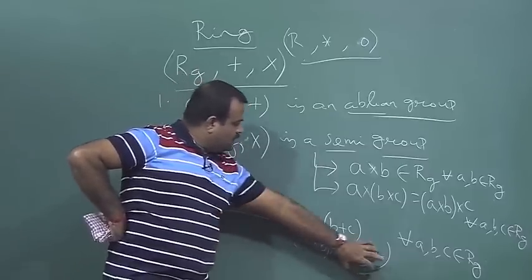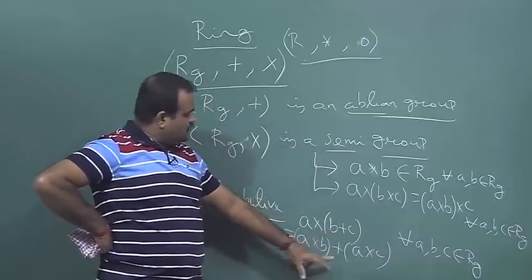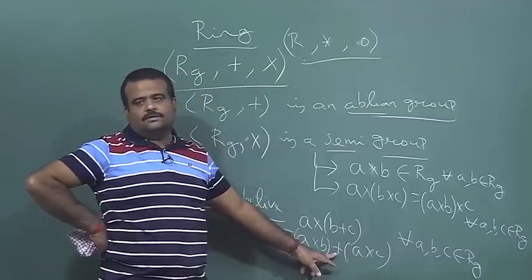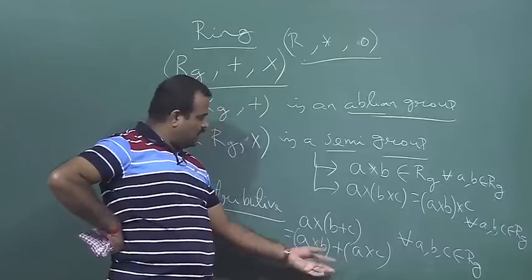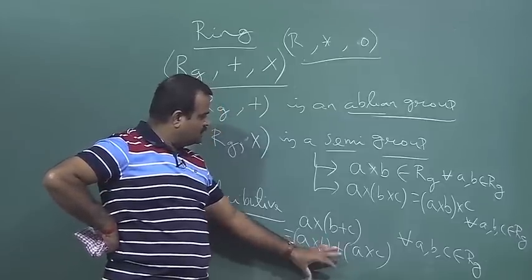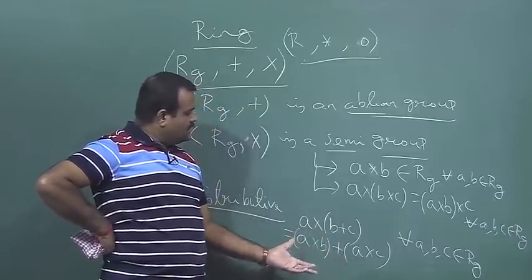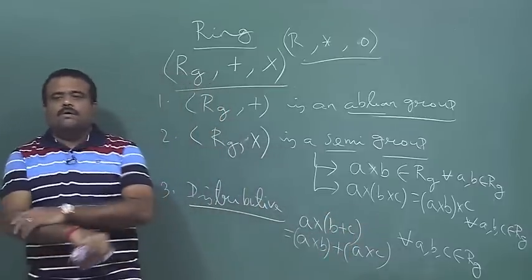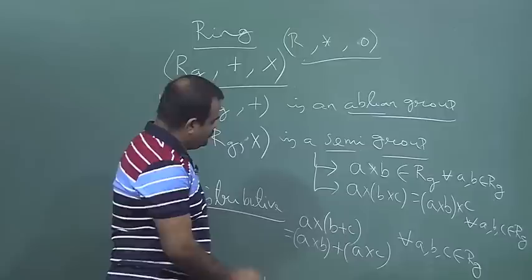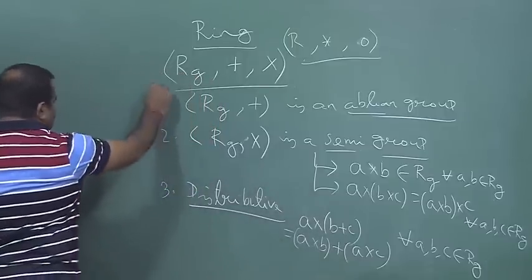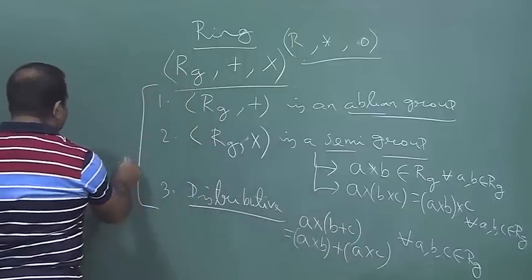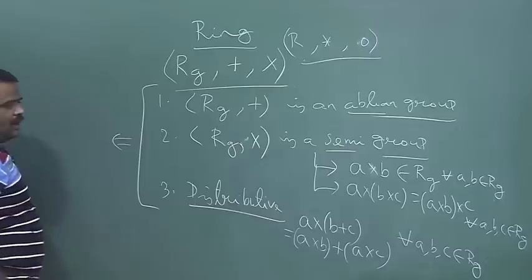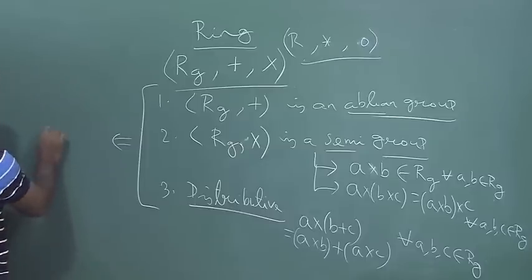Then these two belong to R, and we know plus is closed, so we can add these two and this will give us an element in R, but that element must be the same as this element, and this must be true for all A, B, C. If all this is satisfied, then R is called a ring.